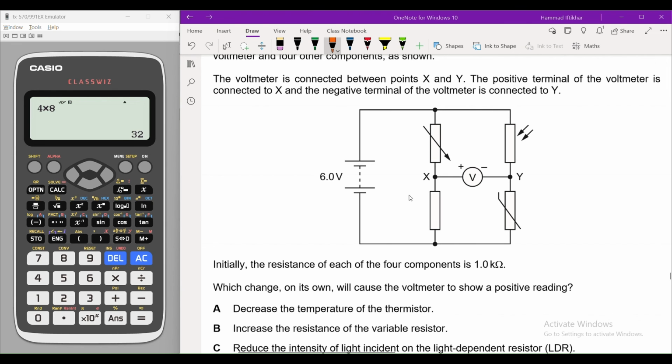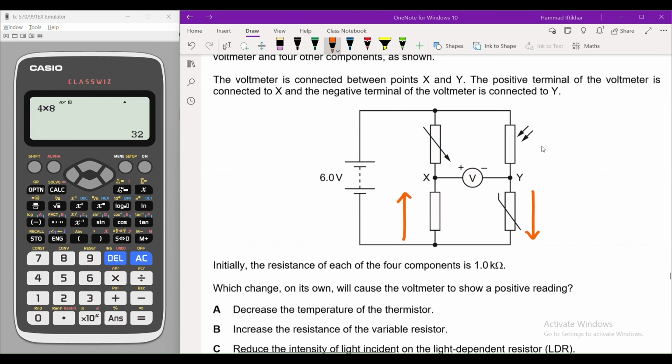So basically, this means that the potential difference across this rises and the potential difference across this is decreased in comparison, right? So this is a variable resistor, so if we need to increase the potential difference across it, we need to decrease the resistance of the variable resistor. Similarly, if we need to decrease the potential difference across this, we need to decrease the resistance or increase temperature.